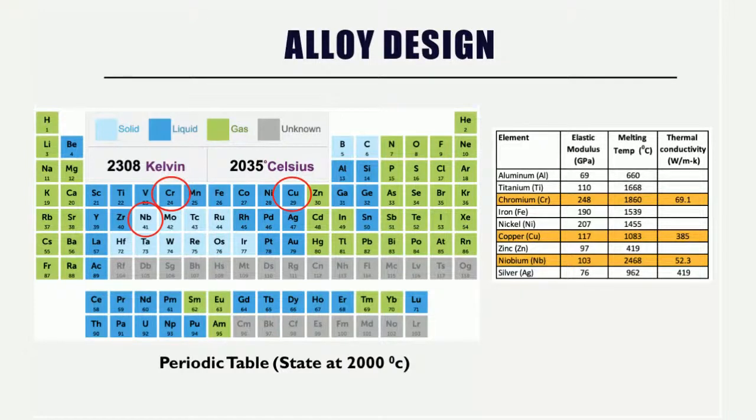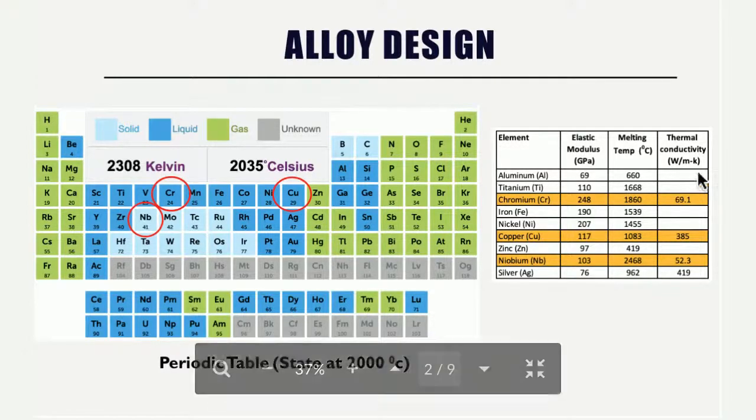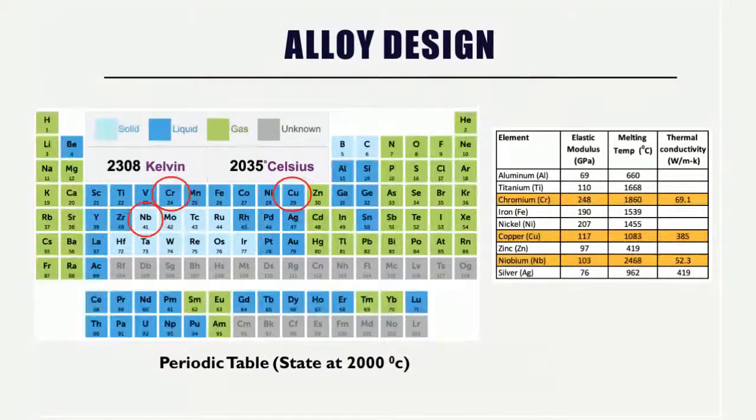So the choice of alloy is to get the right property so that it does not melt at that high temperature, while at the same time having the right strength, the right ductility, and thermal conductivity, of course. The yellow ones here demonstrate the combination, the alloy design. And then I'll talk to you about what we are doing.